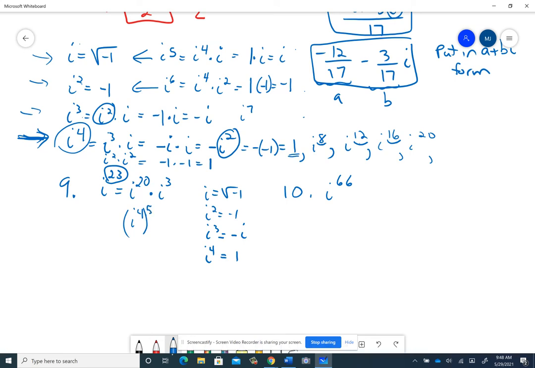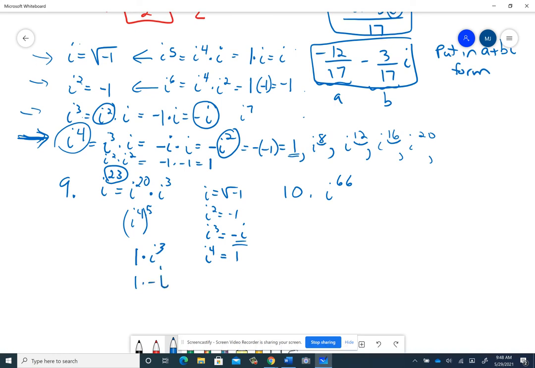You don't have to do that, but that's what's going on. It's like i to the 4th times itself 5 times. And each of those i to the 4ths would equal 1. So that whole i to the 20th part is going to be 1. And then you have the i to the 3rd left. And i to the 3rd is equal to -i. So this is 1 times -i.